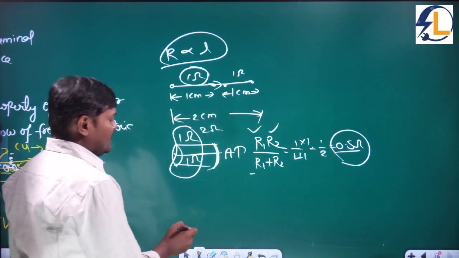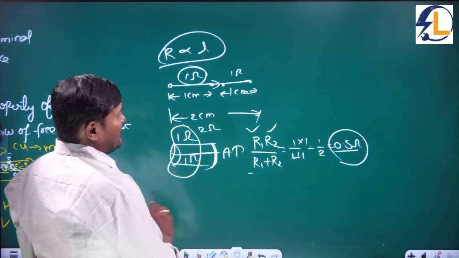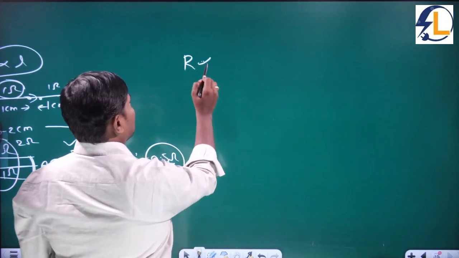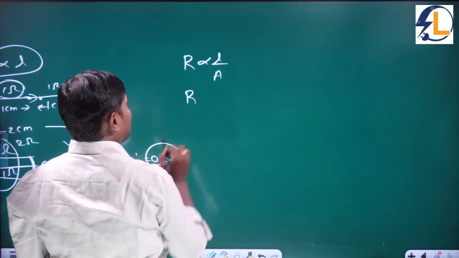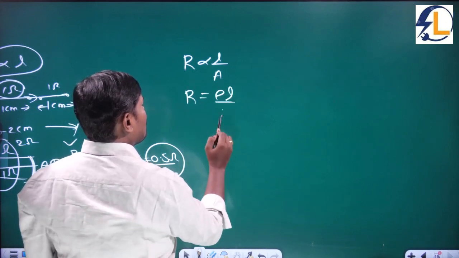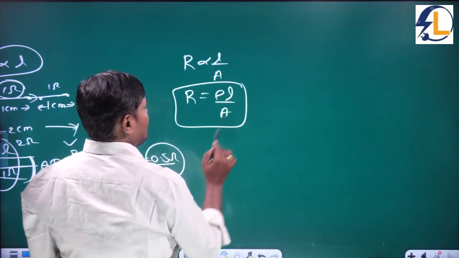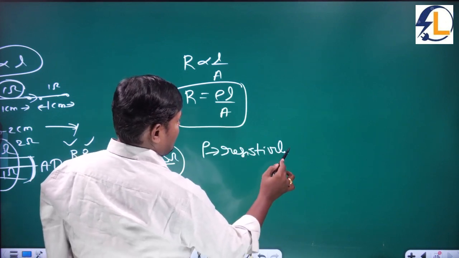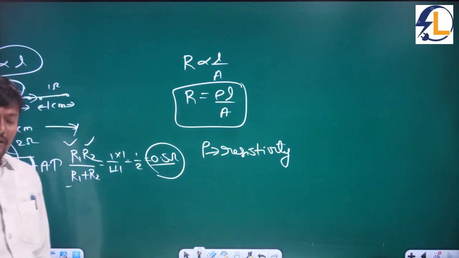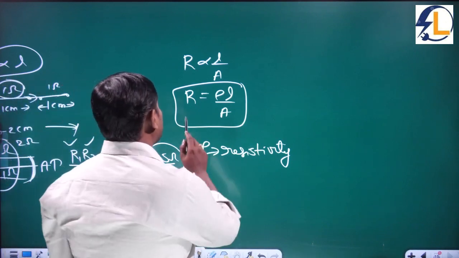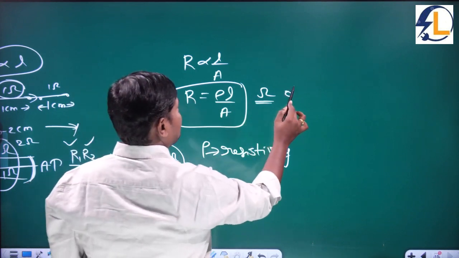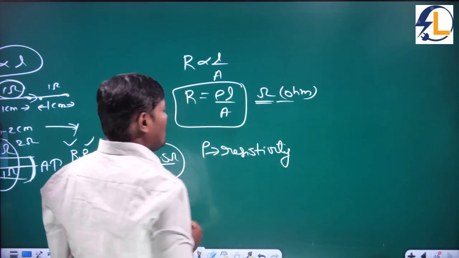So that's why resistance is inversely proportional to the cross sectional area of the conductor, and the resistance is equal to rho L by A, where rho is called the resistivity. The unit of resistance is the ohm, the symbol is like this, and it is measured in ohms.